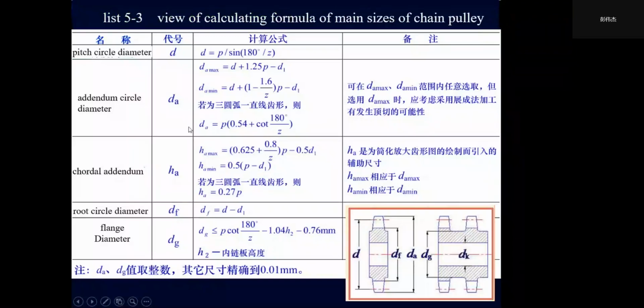This table lists the formulas to calculate dA, dF, and dg.